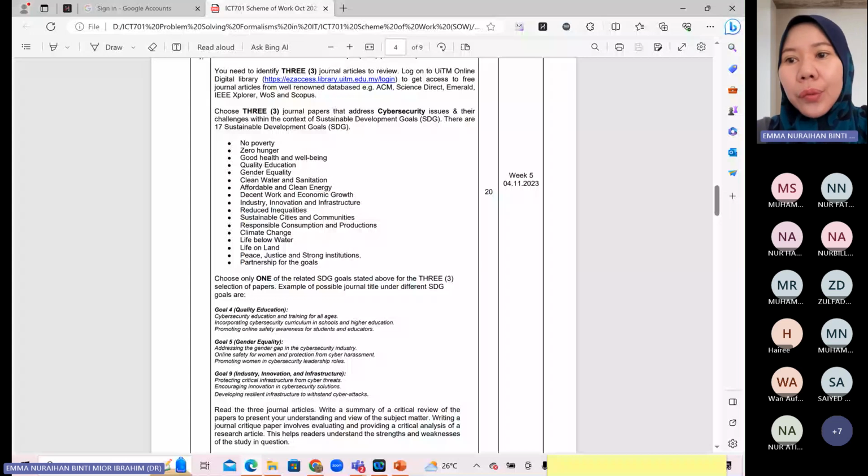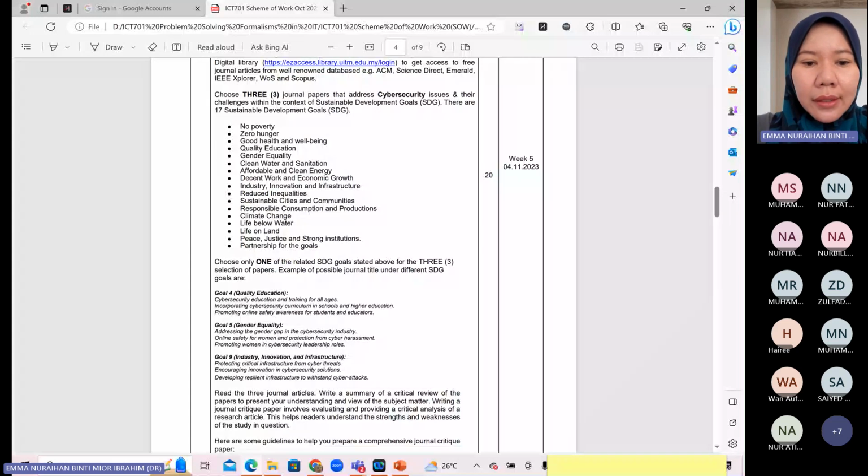Why pay when UiTM already provides you the online database services for you to retrieve the papers from these online databases, ACM, Science Direct, Emerald, IEEE, Scopus freely. So try to use it to the max, because you're going to use the same platform throughout your course. All right, I think I've broken down what to prepare in the journal article.